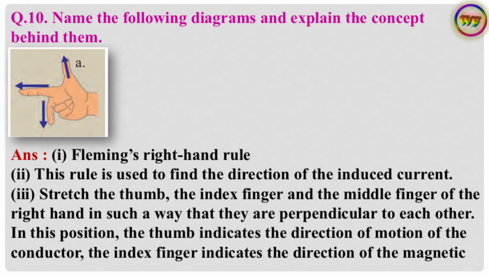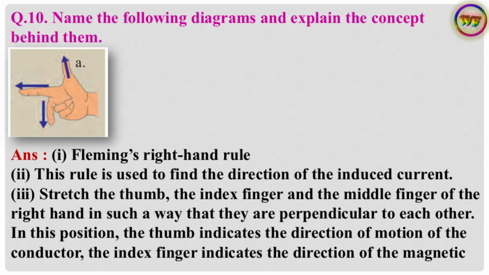Question 10. Name the following diagrams and explain the concept behind them. A. Answer. Point 1. Fleming's right-hand rule. Point 2. This rule is used to find the direction of the induced current. Point 3. Stretch the thumb, the index finger and the middle finger of the right hand in such a way that they are perpendicular to each other.